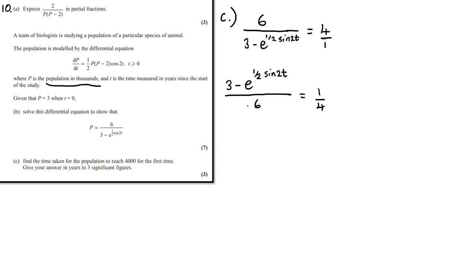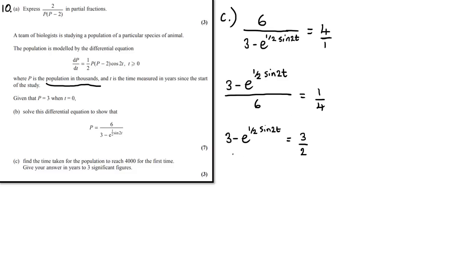I can now get rid of this denominator on the left-hand side by timesing both sides by 6. So 6 over 4 is the same as 3 over 2. So what I've got then is 3 minus e to the power of a half sine 2t is equal to 3 over 2. And I'm going to now take this minus e to the power of a half sine 2t onto the other side, make it positive, and I'm going to take 3 over 2 off both sides.